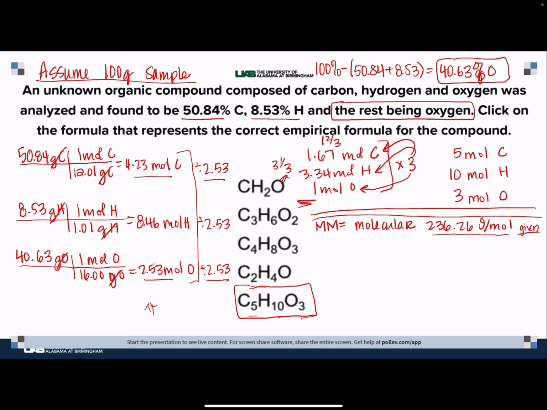I can move from my empirical formula that's here in the red box to whatever the molecular formula is by comparing this molar mass to the molar mass associated with C5H10O3.